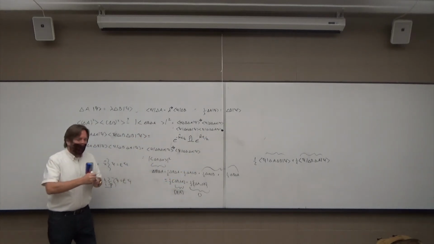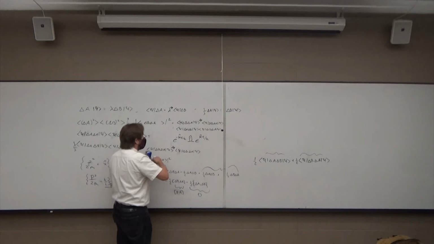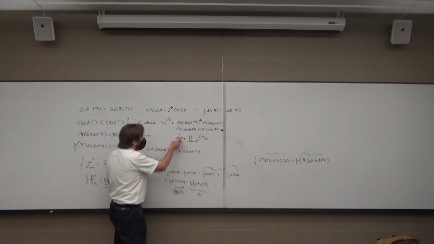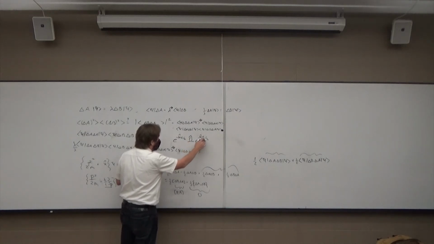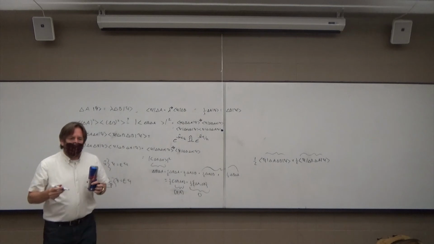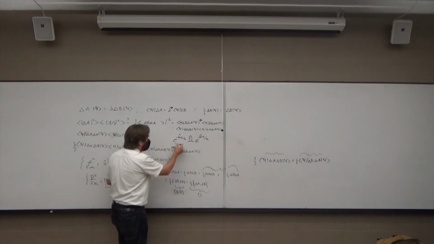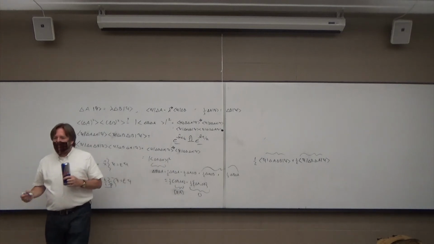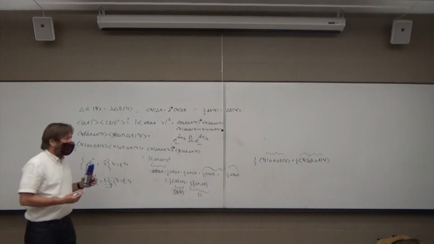You've been seeing e to the, let's throw an i in there, e to an operator, something like e to the minus i operator. On Friday, you're going to be dealing with this. And guess what? This is the time evolution operator.